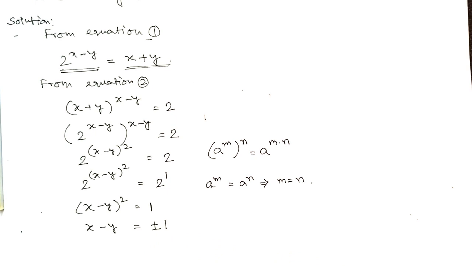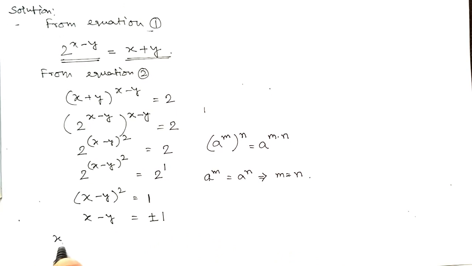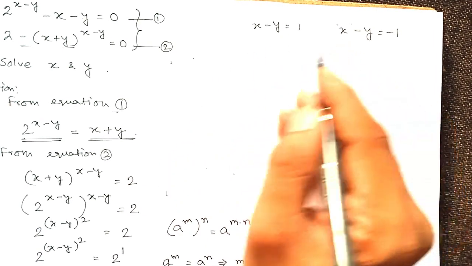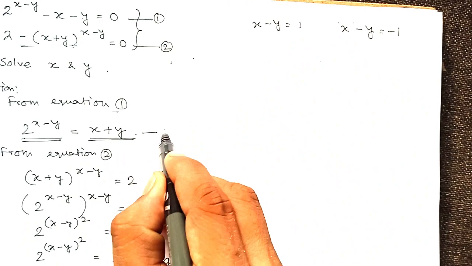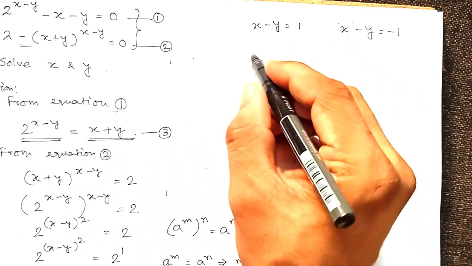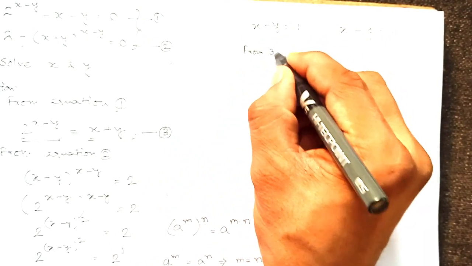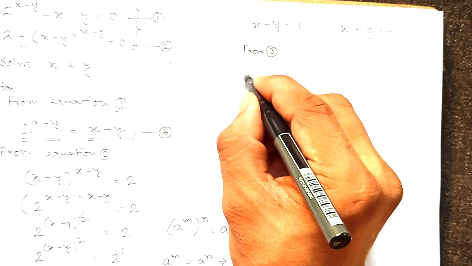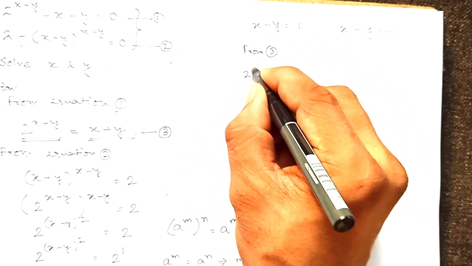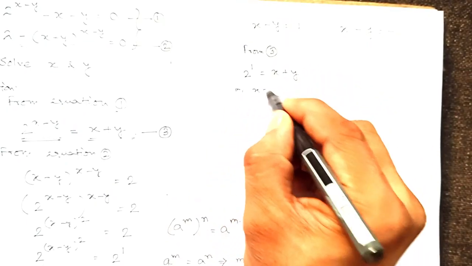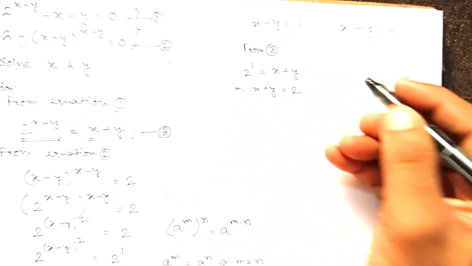Now we have two equations here. One is x minus y is equal to plus 1 and another is x minus y is equal to minus 1. Now we will substitute these values in equation number 3. For x minus y is equal to 1, from equation number 3 we will get 2 to the power 1 is equal to x plus y, or x plus y is equal to 2.